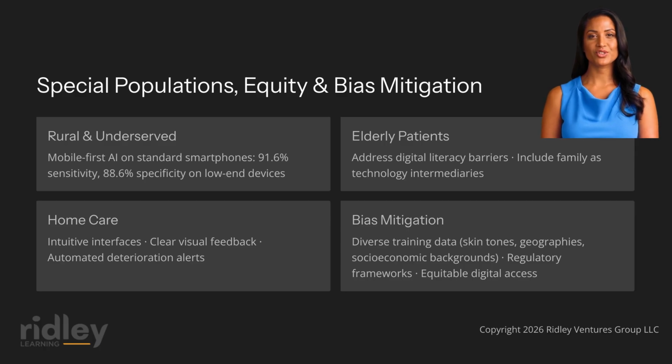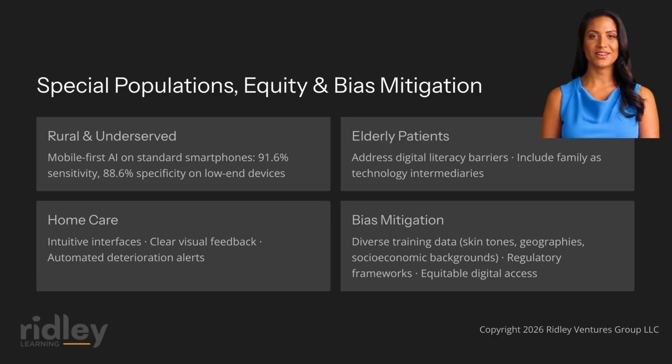AI models are often trained on datasets that underrepresent marginalized populations, potentially leading to biases that could worsen existing healthcare disparities. Training datasets must include diverse populations with representation across skin tones, geographic regions, and socioeconomic backgrounds to ensure AI accuracy across all patient populations.